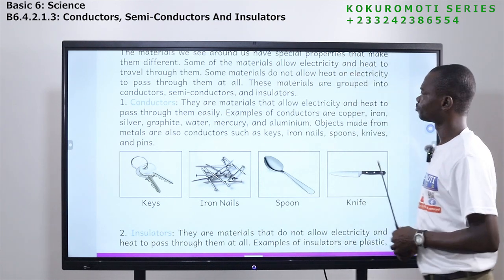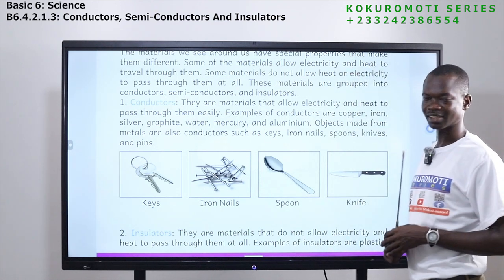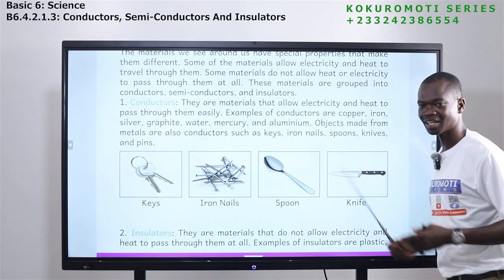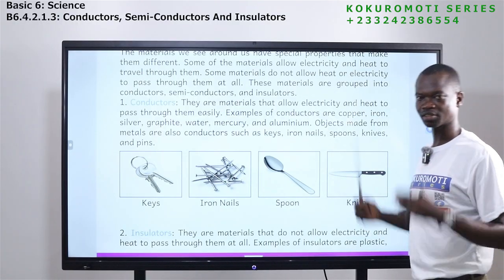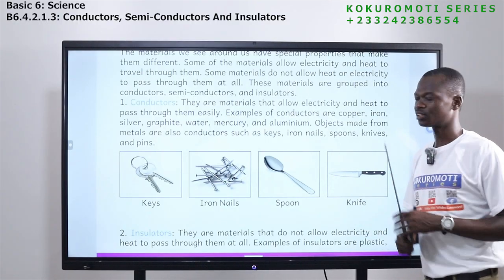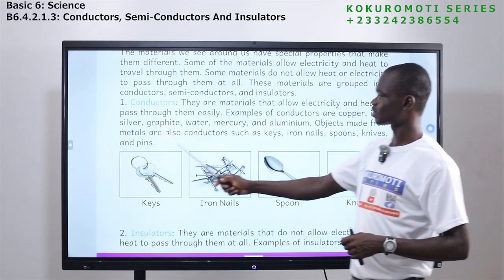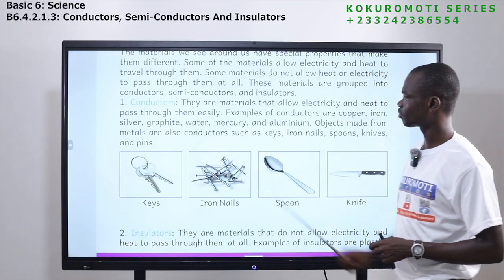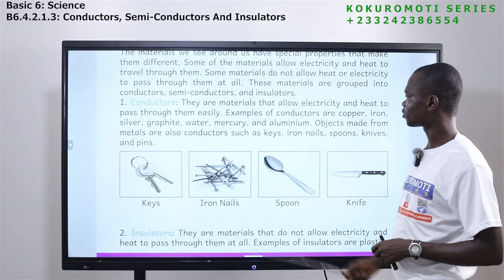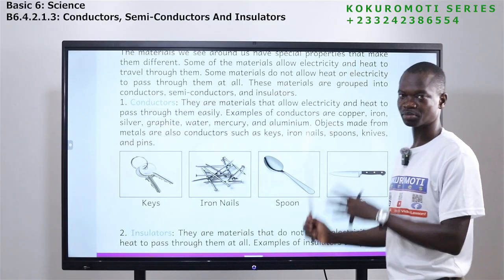Now let's look at examples of conductors. Materials that allow heat to pass through them, materials that allow electricity to pass through them. We have copper, iron, silver, graphite, water, mercury, and aluminium.